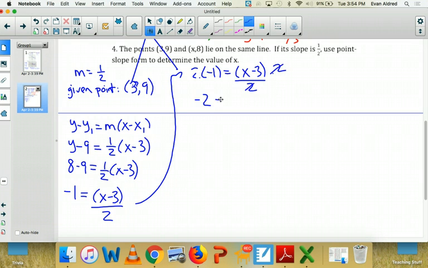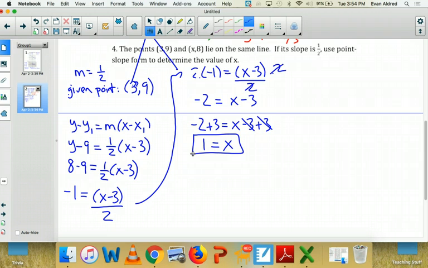It will give me negative 2 equals x minus 3. Now all we have to do is solve for x. This is a pretty easy one. We're going to add 3 to both sides so that x is left on its own. This gives us x equals 1.